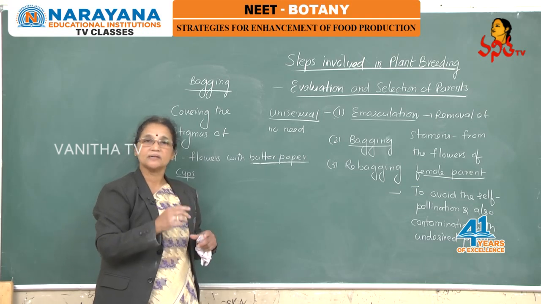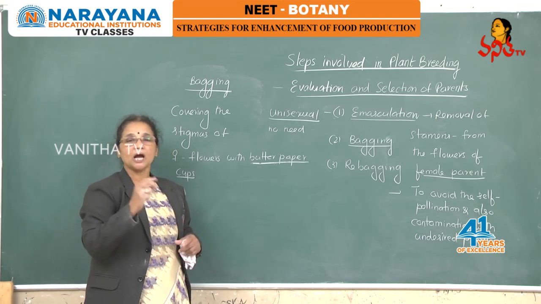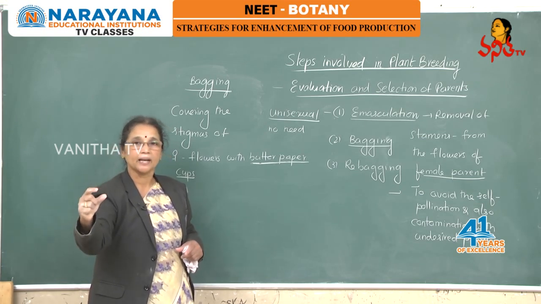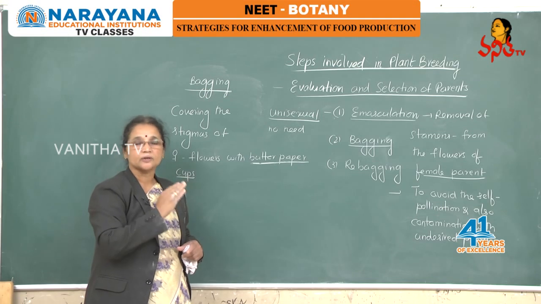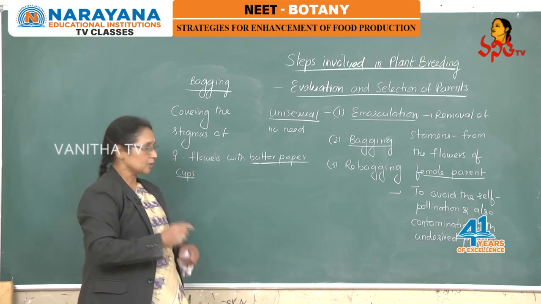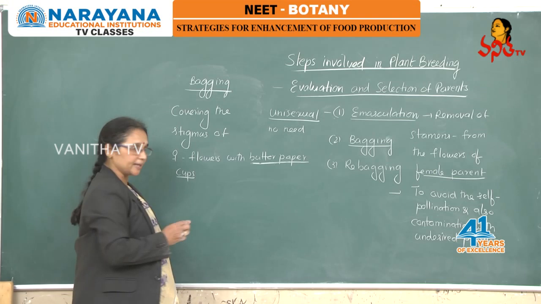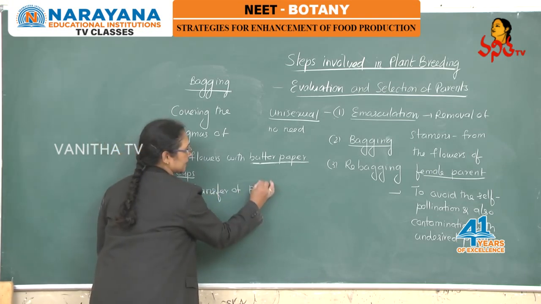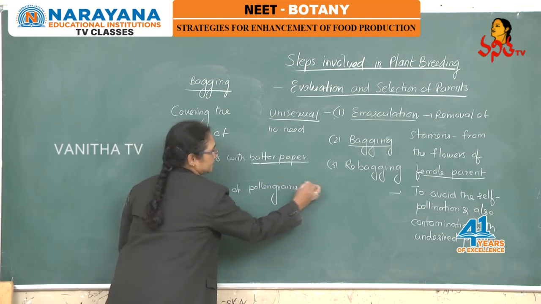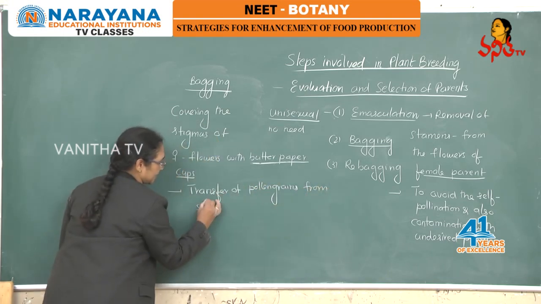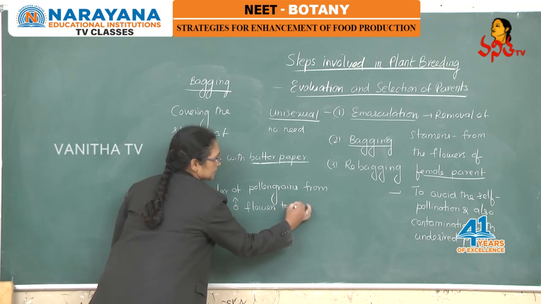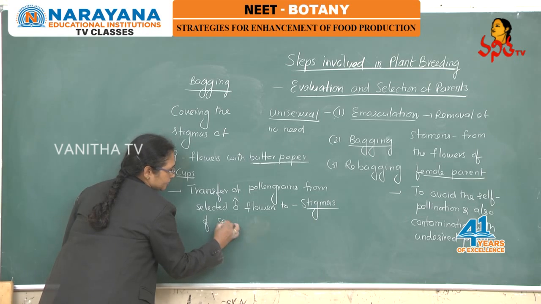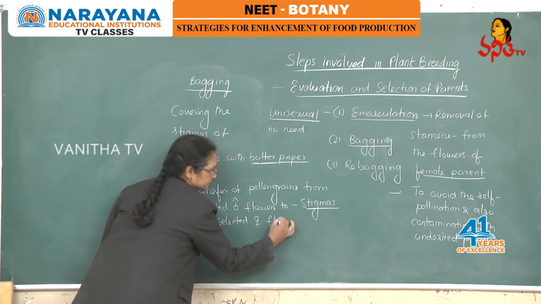So, once the flowers attain maturity, we have to transfer the pollen grains from the selected male parent to the stigma of the female parent. Okay. Now, the next step of this hybridization is transfer of pollen grains, from selected male flowers to stigmas of selected female flowers.